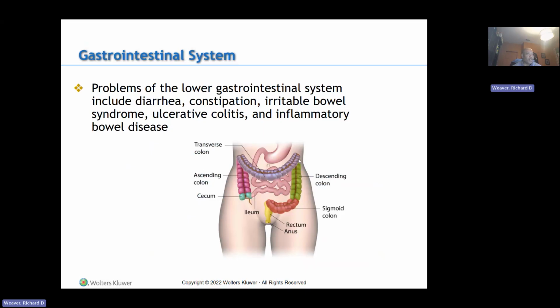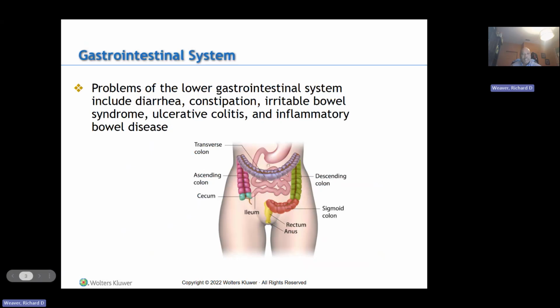And then the descending colon, meaning it's going down. This is all going towards the anus, by the way. Then you have the sigmoid colon, which is this portion here, and then you have the rectum and then the anus, and that will be our focus here.